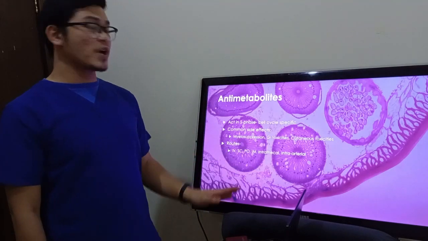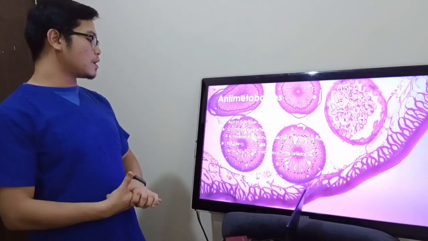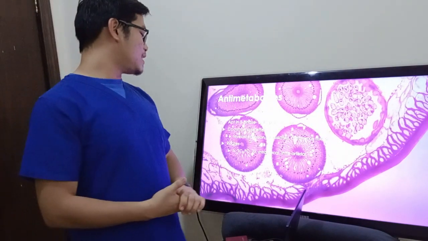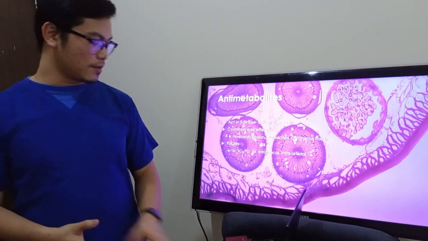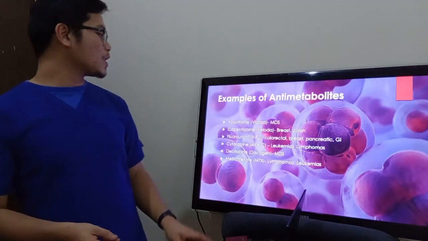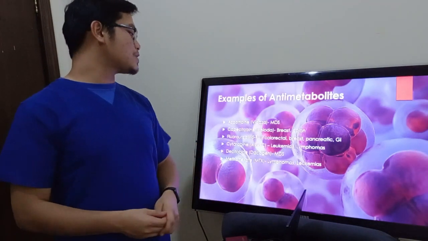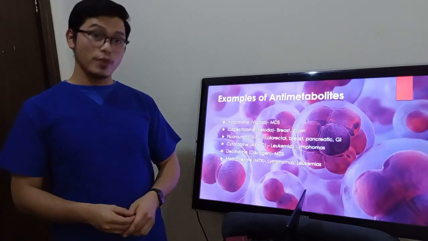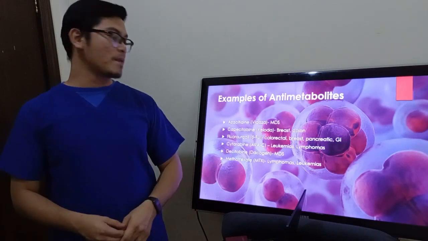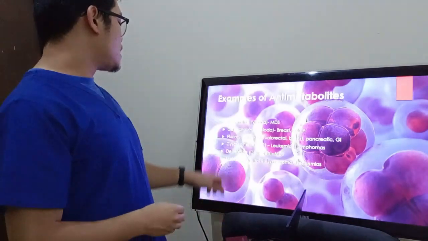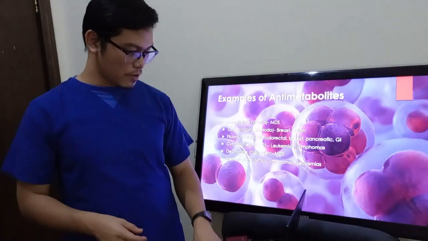Common side effects are myelosuppression, GI toxicity, and cutaneous toxicity. The routes can be intravenous, subcutaneous, per oral, intramuscular, intrathecal, and intra-arterial. Examples of antimetabolites: azacitidine for MDS, capecitabine for breast and colon cancer, fluorouracil, or 5-FU, for colorectal, breast, and pancreatic GI cancer, cytarabine, or Ara-C, for patients with leukemias and lymphomas, decitabine, or Dacogen, for MDS, and methotrexate, or MTX, for lymphomas and leukemias.